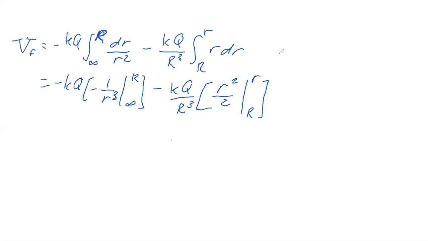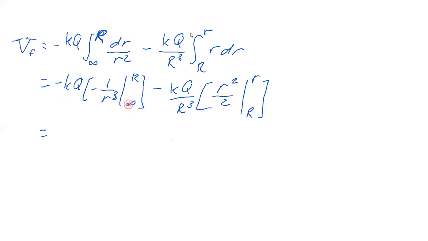All right. Let's see here. Now it's as simple as plugging in my limits. So I'm looking at the first term here. This negative right here and this negative will cancel out. And then once you plug in infinity in your denominator, that just goes to 0.